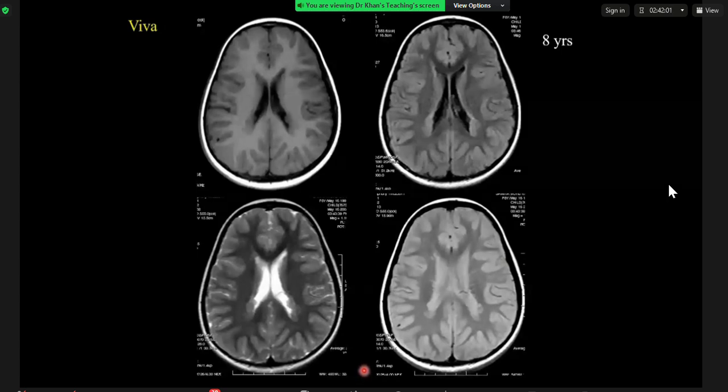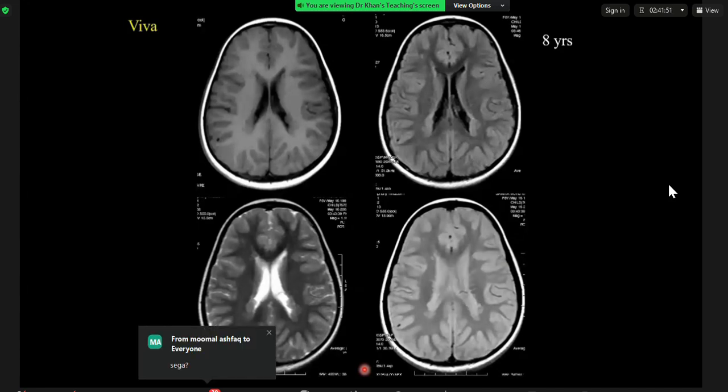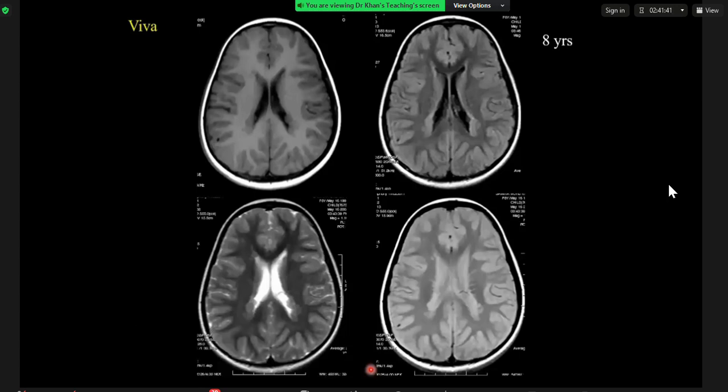I'm trying to look for any SEGA here. I can't find a SEGA, but definitely there are multiple subependymal nodules. I cannot see any subcortical tubers or hyperintensity in any of these sequences. I can see a focal area of hyperintensity in the PD, just lateral to the frontal horn of the right lateral ventricle, which is hyperintense in all the sequences, more or less.